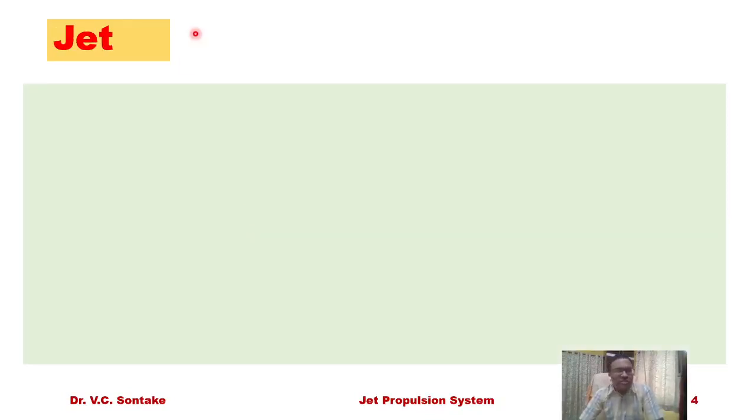So as we have just seen, we have jet propulsion system. Before going into the detail, let us understand the meaning of each and every term. Let us start first with the definition of jet.